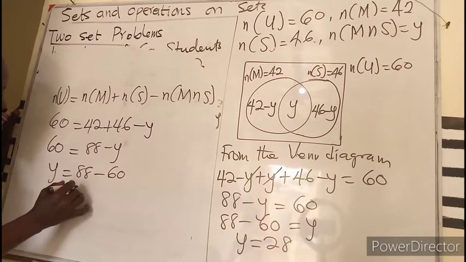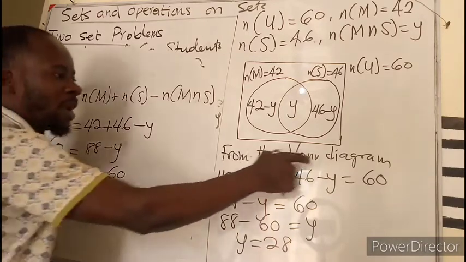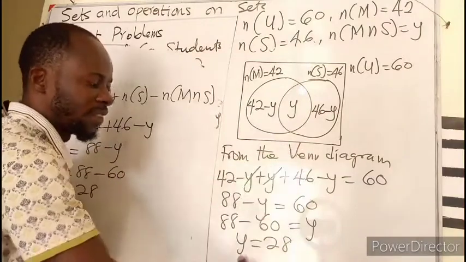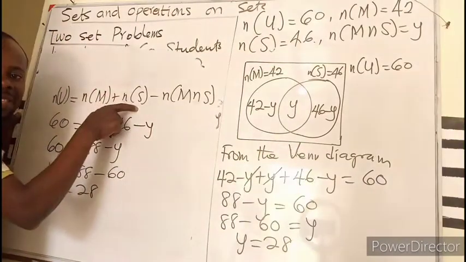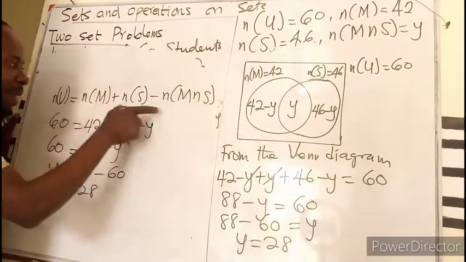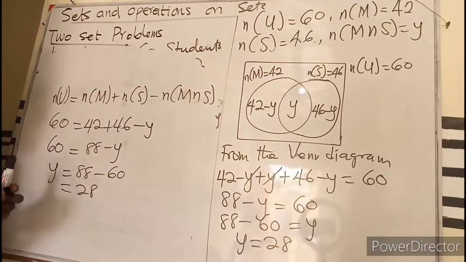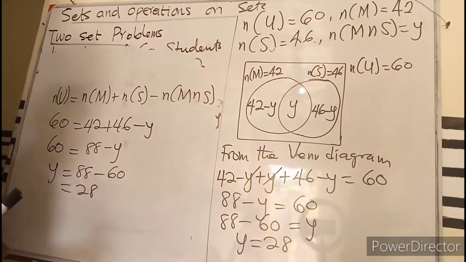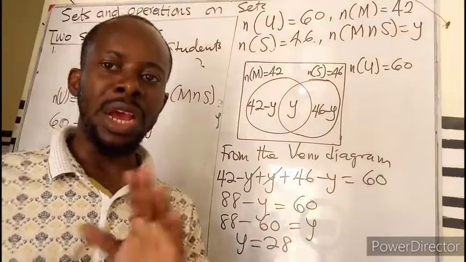So your Y is still 28. So from the diagram, or by the formula, you can also use the diagram with the formula and you get your answer as we have here. I believe you follow the concept.